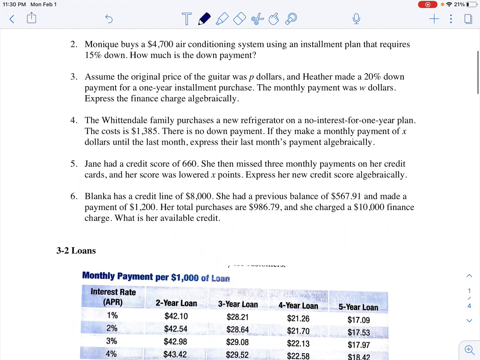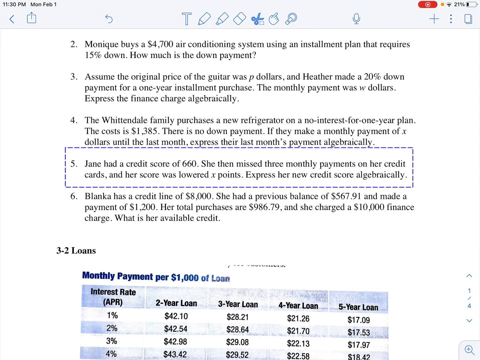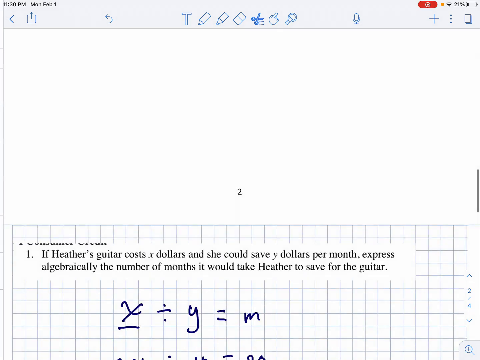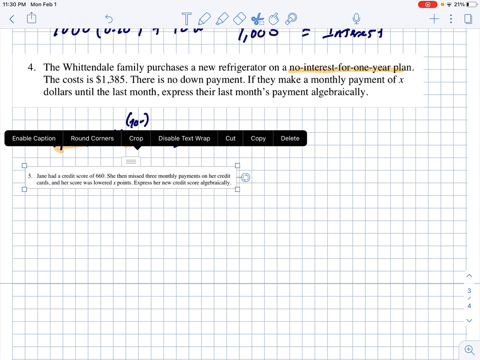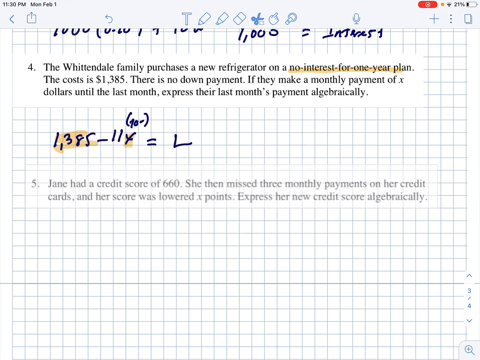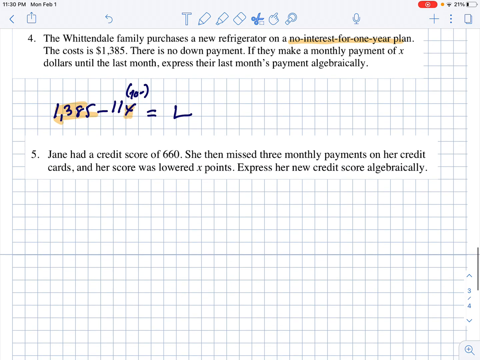Let's go to number 5. Again, this is just setting them up algebraically. If you're given numbers, you'll know where to fill this in. Okay. Jana has a credit score of 660. Then she missed 3 monthly payments on her credit cards. Her score was lowered X points.